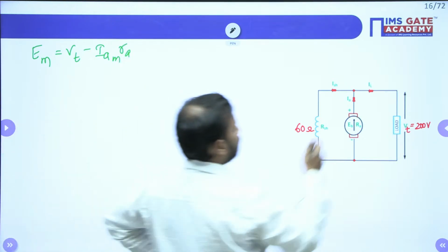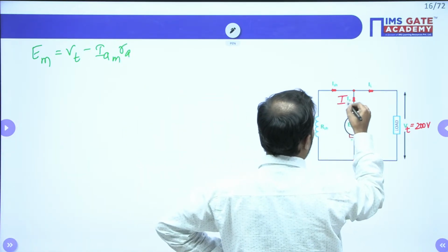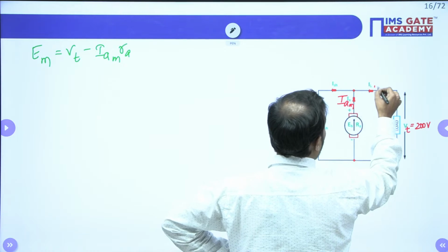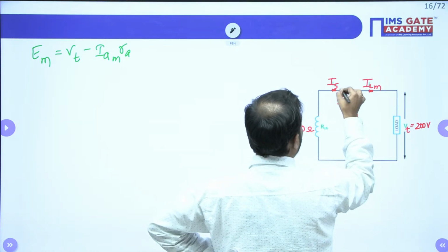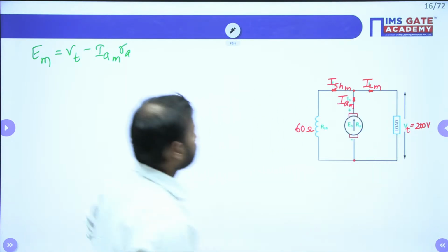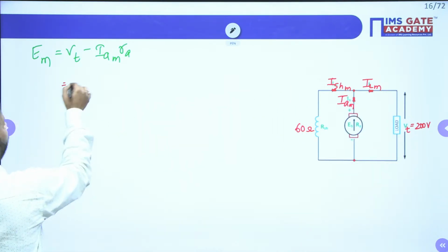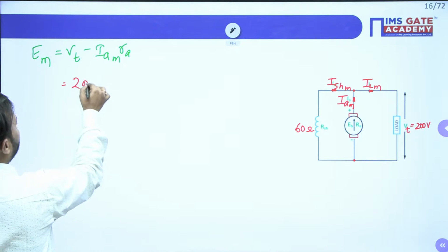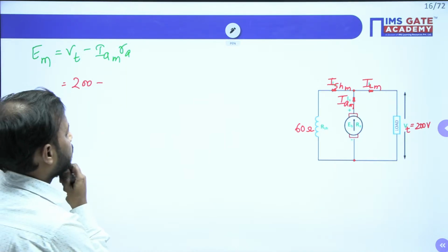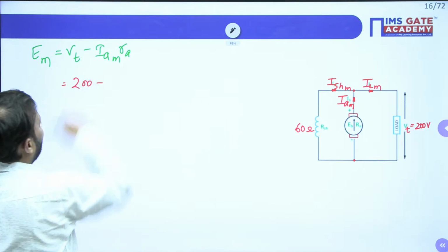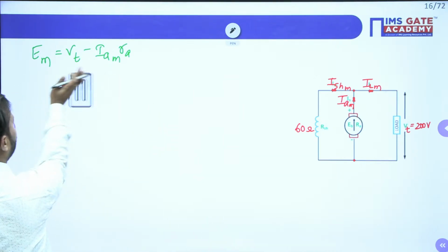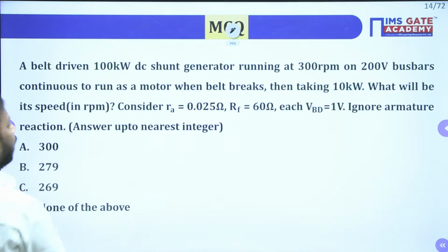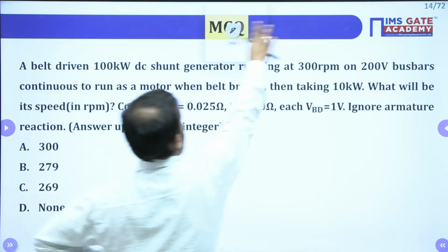So this time IA will become IAM, this is ILM, and this is ISHM. So VT is 200 minus, here again IAM is unknown. So for that we require extra data, which is given in the question.